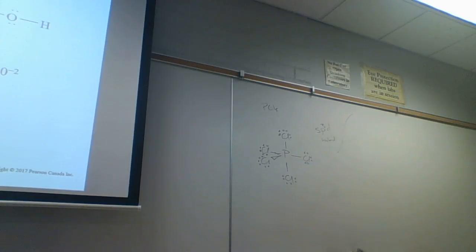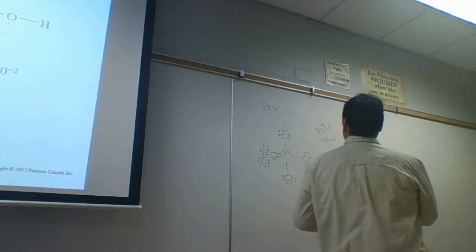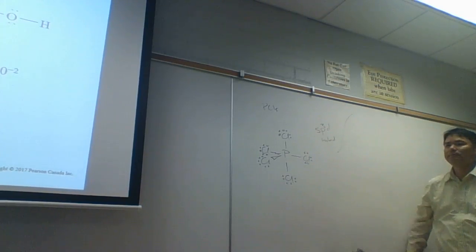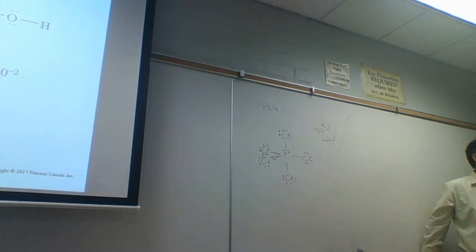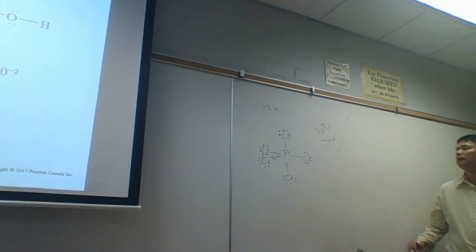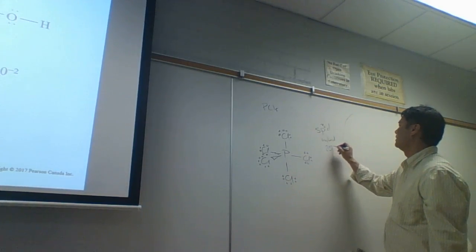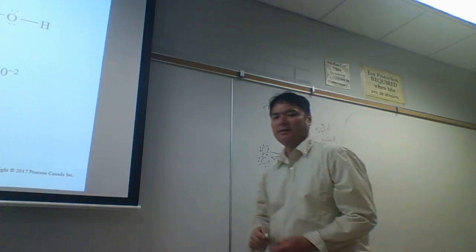How many orbitals total in that hybrid? 5. Out of that 5, one out of the 5, this is 20% d character in here.